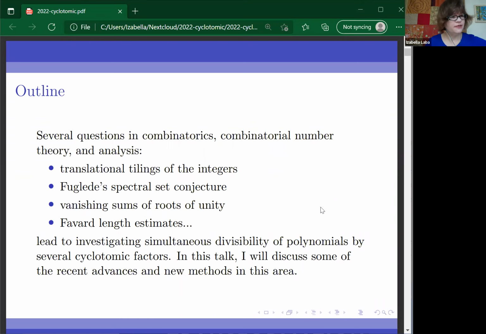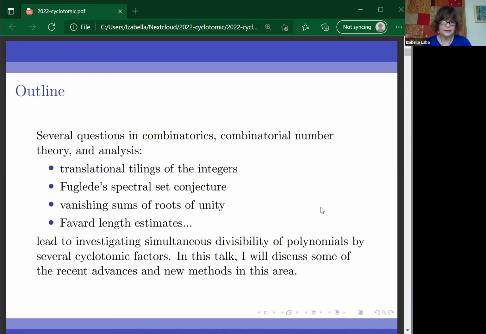You could talk about vanishing sums of roots of unity. What all of them have in common is that at the bottom of it, there's a problem that involves simultaneous divisibility of a polynomial by several cyclotomic factors.